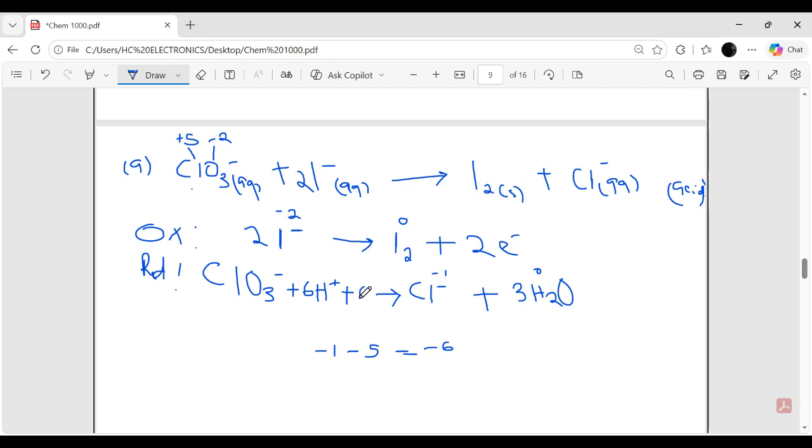It's going to be plus 6 electrons on the left side. It's still fine when you write them this side, you still find the correct answer. But let's do this because that is what is usually done. Clear?